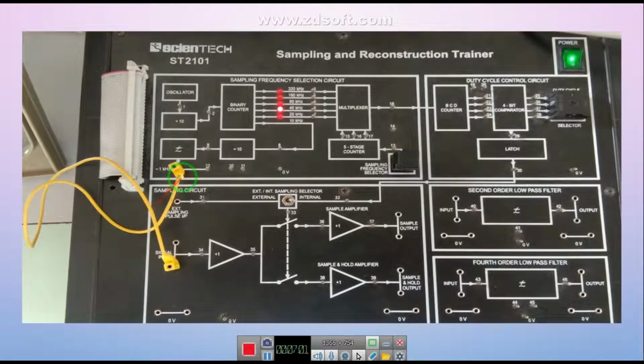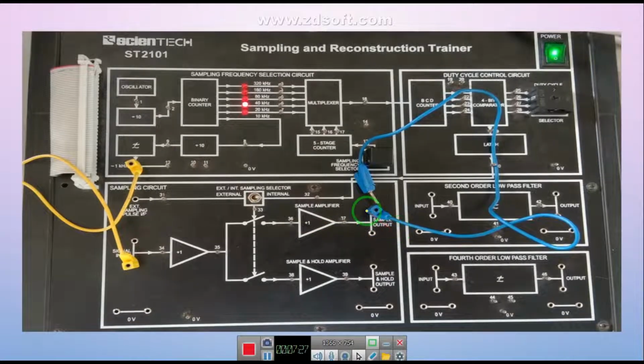So first we are going to connect the input waveform, which is 5 volt peak to peak, 1 kilohertz. This is your x of t. It is applied to the signal input of this amplifier. By means of the selector switch, we have kept it on internal, and at the output we can get the sampled waveform.